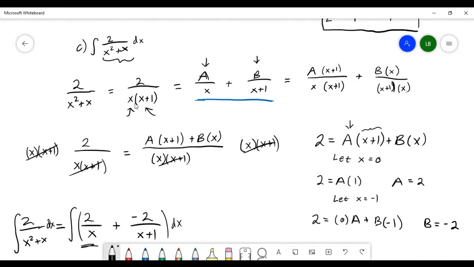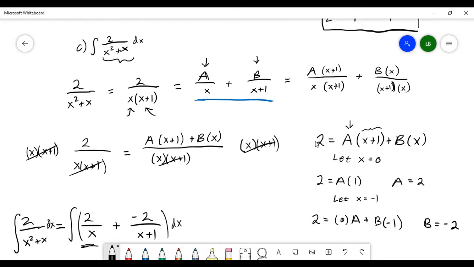So we said 2 divided by x times x plus 1 has to be equal to a divided by x plus b divided by x plus 1. That means that 2 had to be equal to a multiplied by x plus 1 plus b multiplied by x. That's what we had right here.